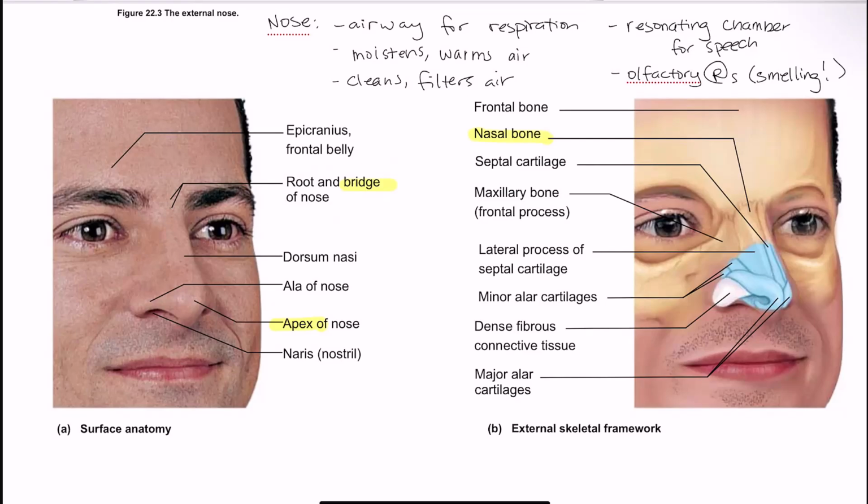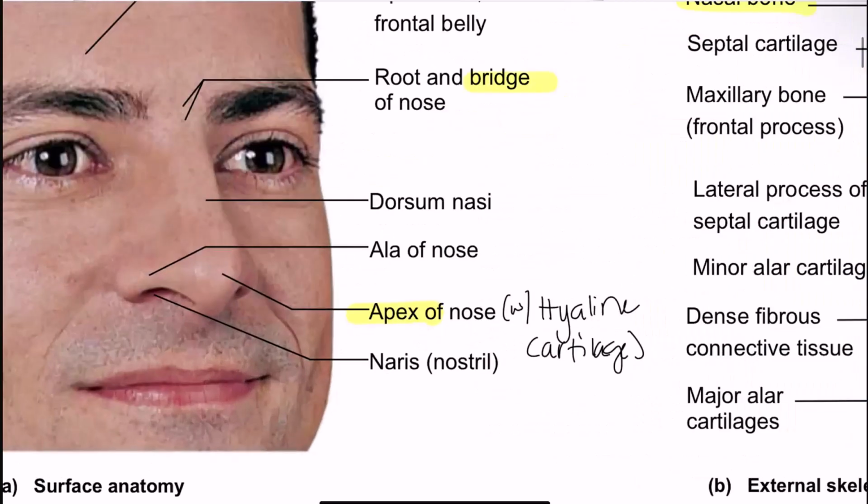So the nasal bone constitutes where the bridge is. And then at that apex, we have a bunch of hyaline cartilage. We also have nostrils as part of the nose.